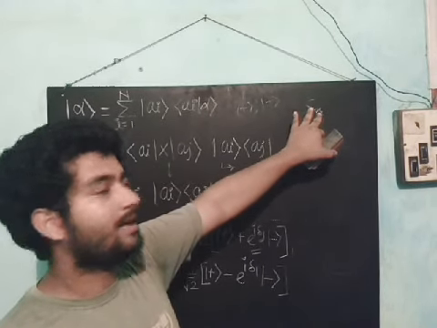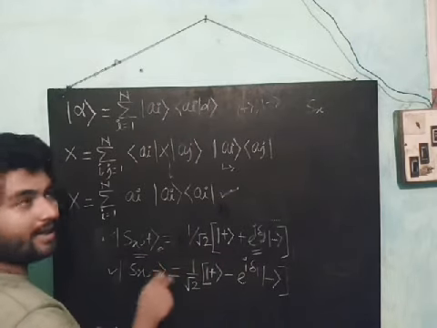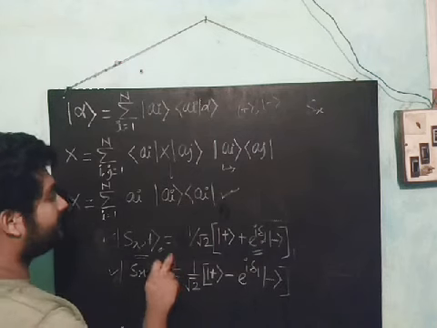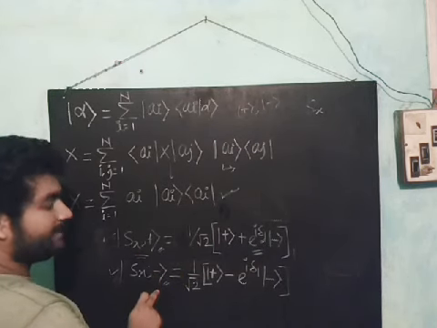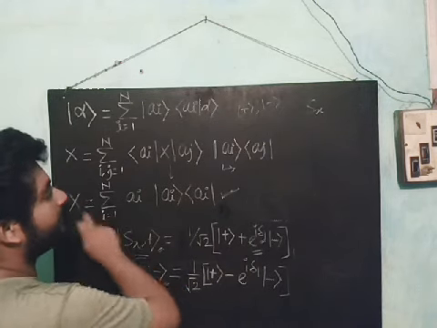But I already have the eigenstates for Sx. These two are the eigenstates for Sx. So I am going to use Sx positive and Sx negative as the basis for this equation.